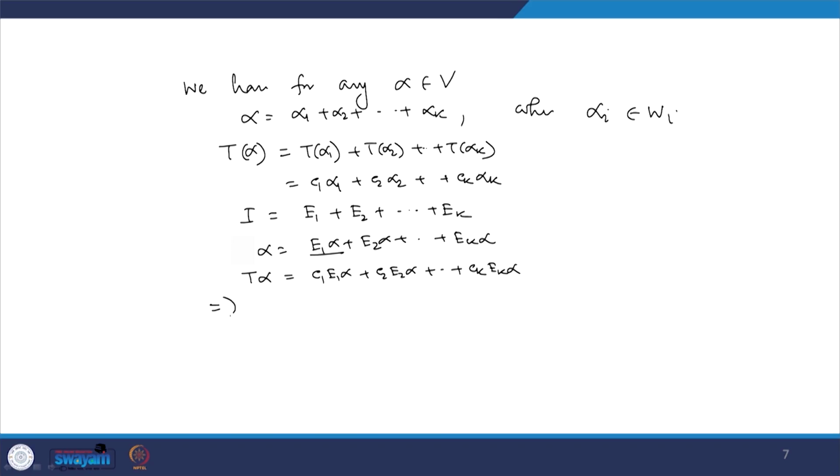So, this implies that T has the structure C1 E1 plus C2 E2 plus Ck Ek.